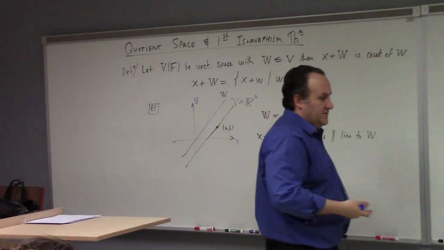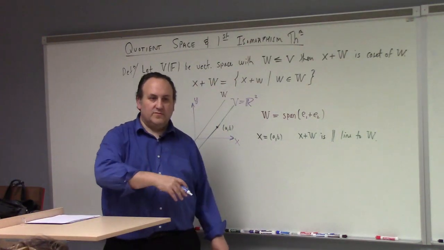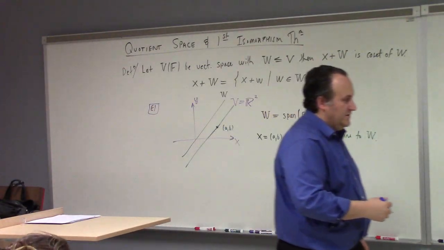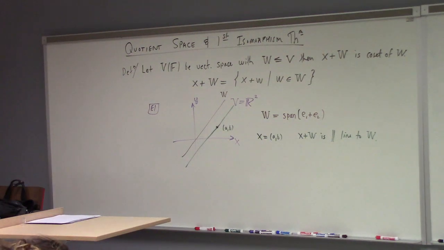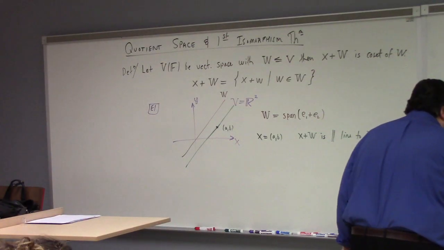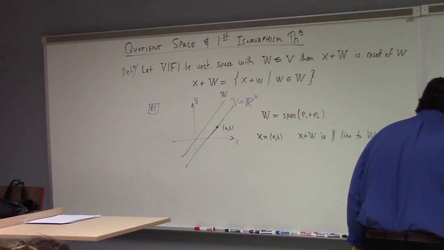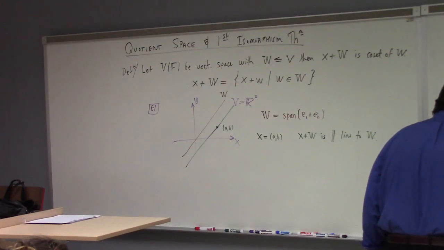What's the structure of the solution set of m equations and n unknowns? It's the particular solution plus the homogeneous solution, and the homogeneous solution is an element of the null space. In other words, X is an element of the coset formed by the particular solution plus the null space of A.